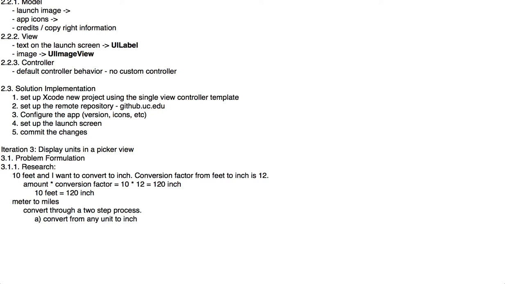So all I need to worry about is the conversion factor from every unit to the inch. I don't have to worry about conversion factors between the units. I just go from whatever unit to the inch. And then in step 2, convert from the inch to the other unit.